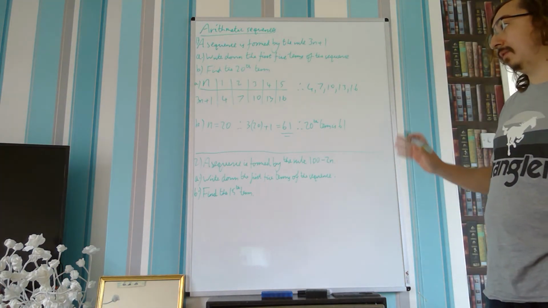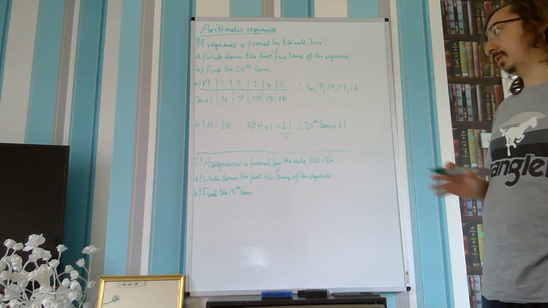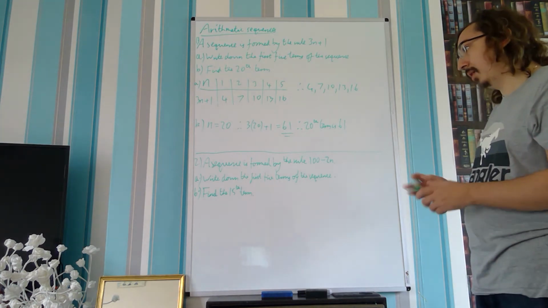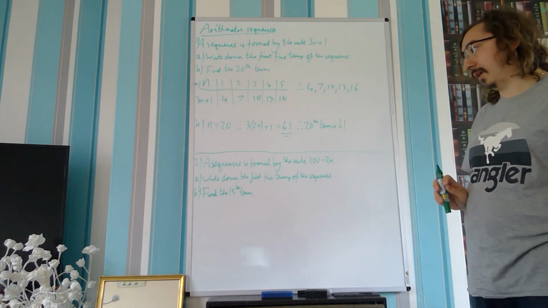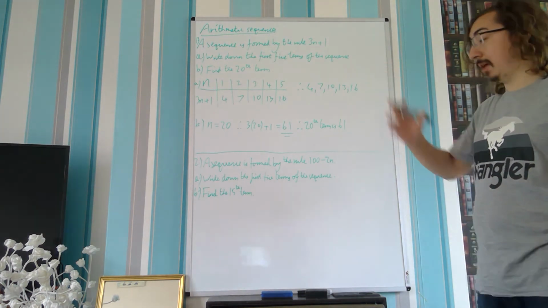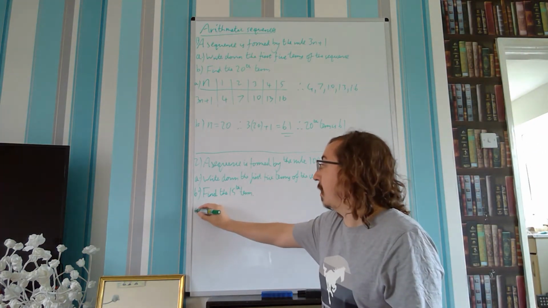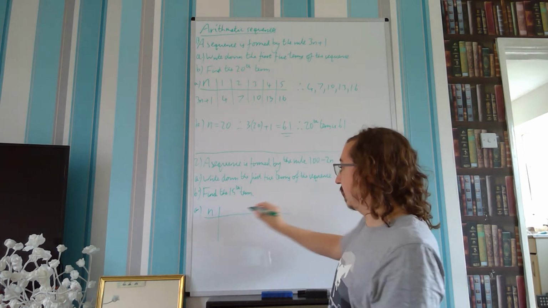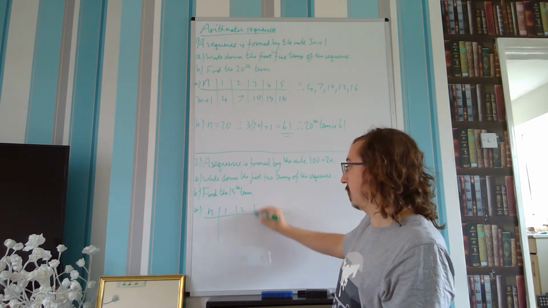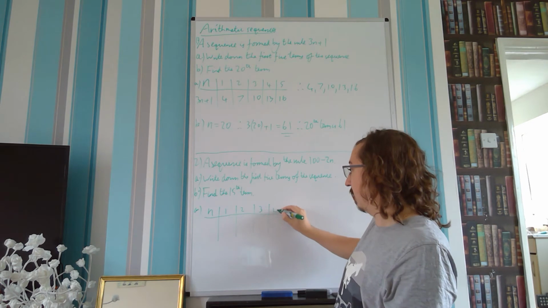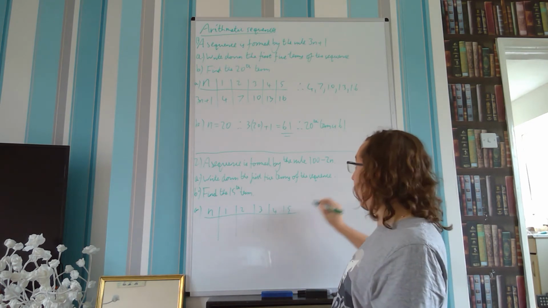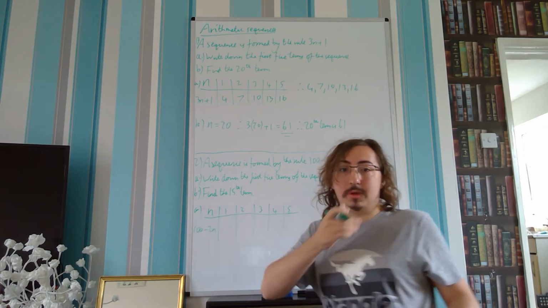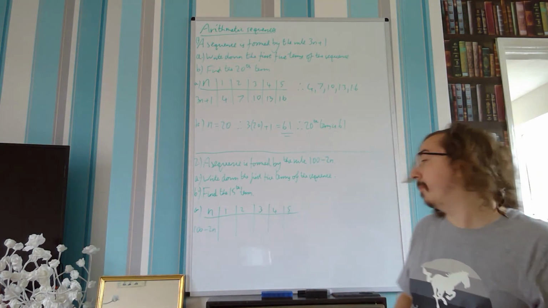So part 2, we have another arithmetic sequence, and we're told that the sequence is formed by the rule 100 minus 2n. And again, we want to write down the first 5 terms of the sequence. So it's the same process. For part A, we are looking when n is 1, 2, 3, 4, and 5, and we're substituting it into our nth term, which is 100 minus 2n.